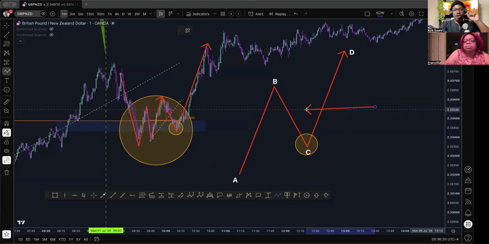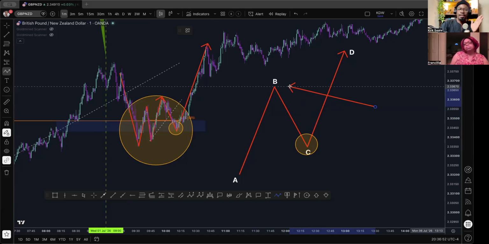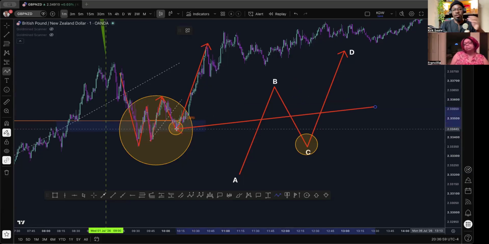So when we no longer get those lower lows and lower highs, when we start to get, instead of a lower high, a higher high, then that's our first indication. That's that car on the road turning on its indicator telling us, hey, I might be looking to make this turn. But we still have to wait. When it slows down, that's us getting a higher low, which is this. We enter at the higher low.